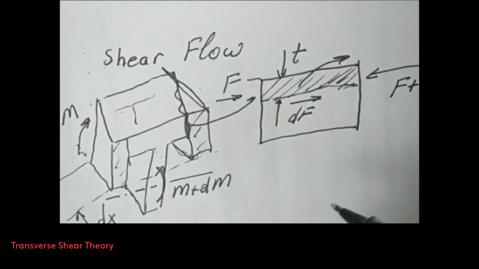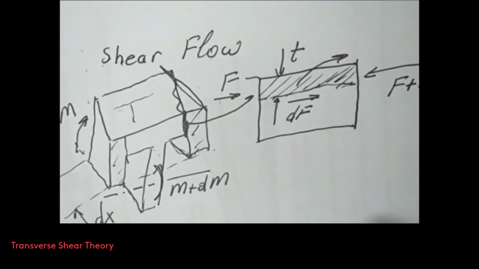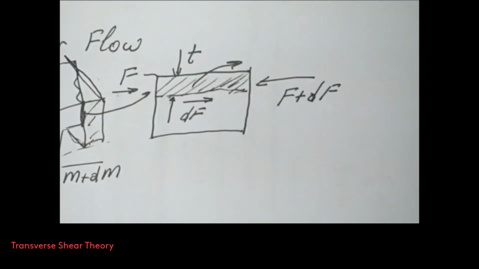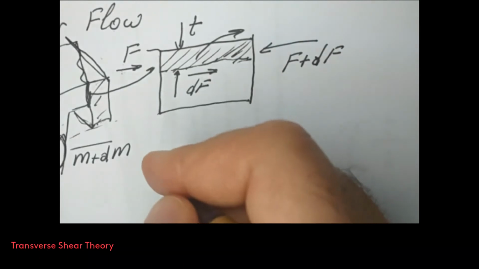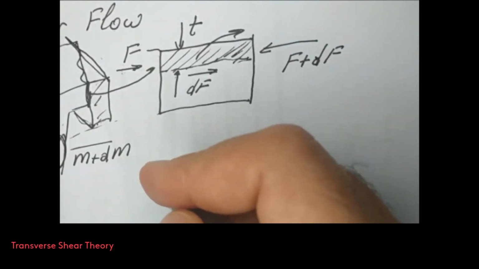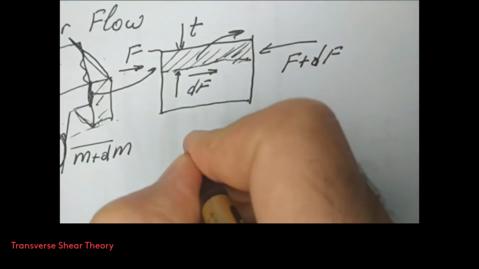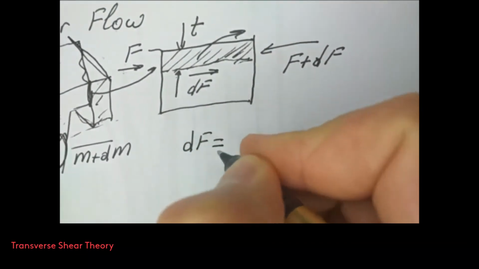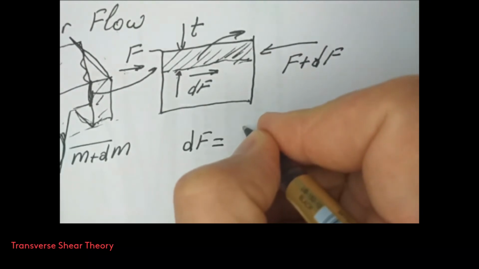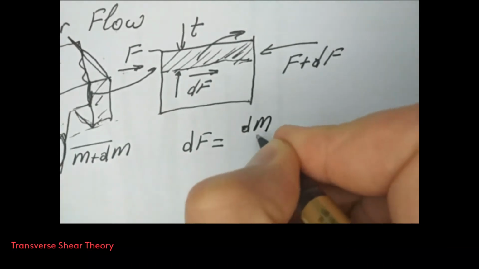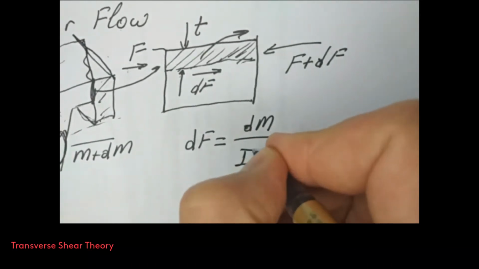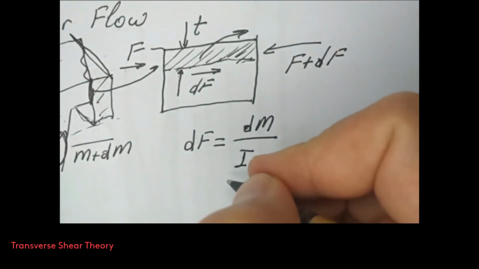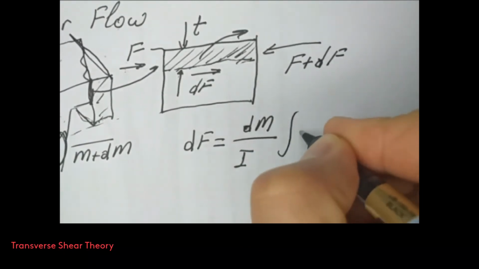Let's write the force equilibrium for this part. In fact, when we write the force equilibrium, what we are going to see is dF is equal to dM over I, y dA prime.